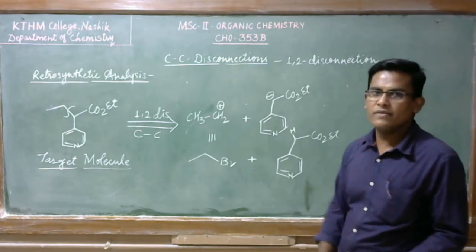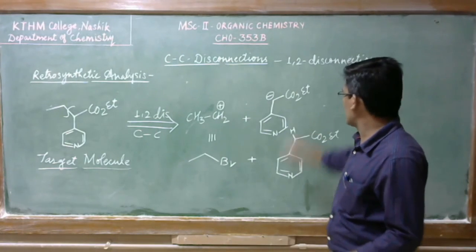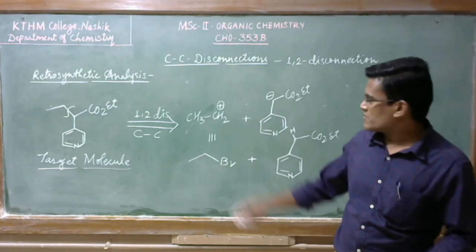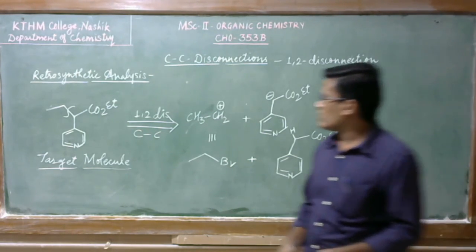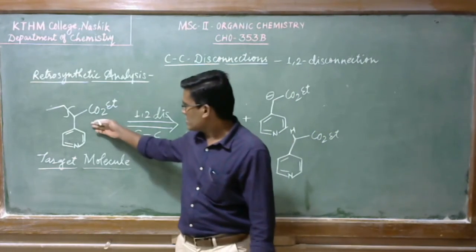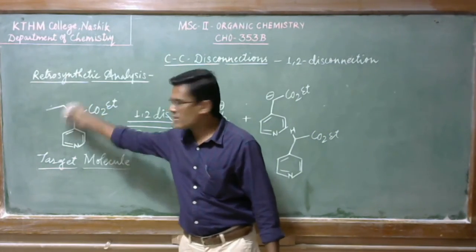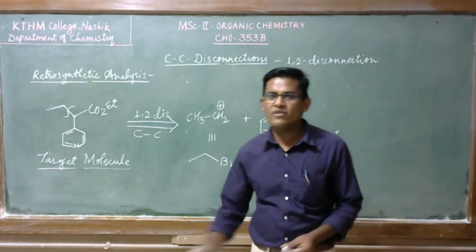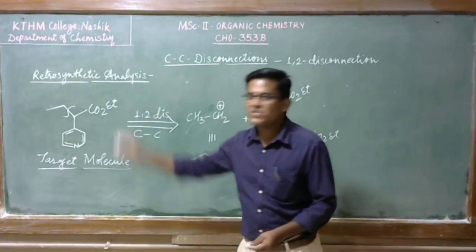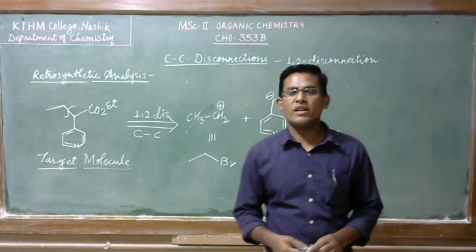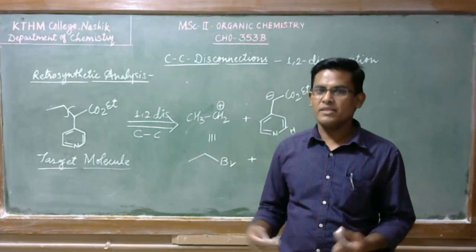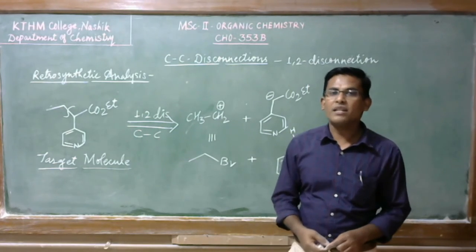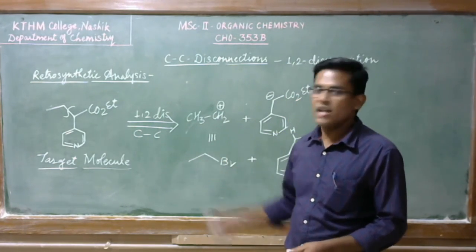So it is the carbanion. This is the retrosynthesis for this particular ester. When you look at this ester, you would think about this 1,2 carbon-carbon disconnection. This is the obvious disconnection, since this ethyl group can be introduced by a substitution reaction, that means by an alkylation reaction using carbanion chemistry.